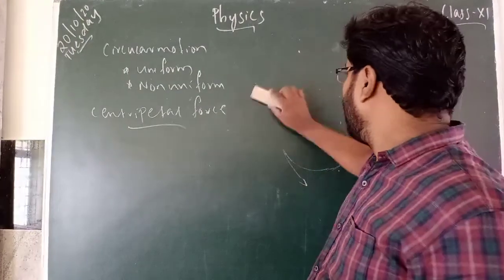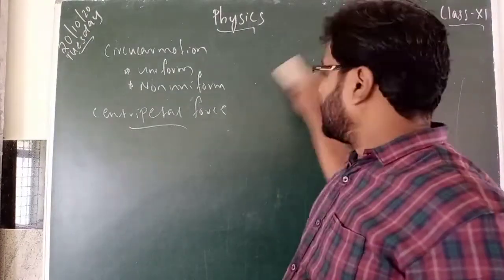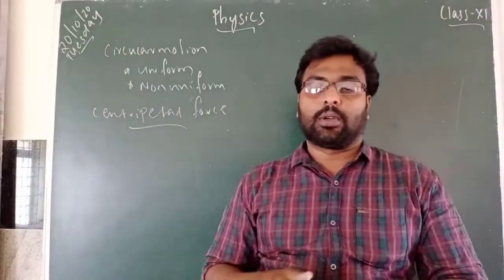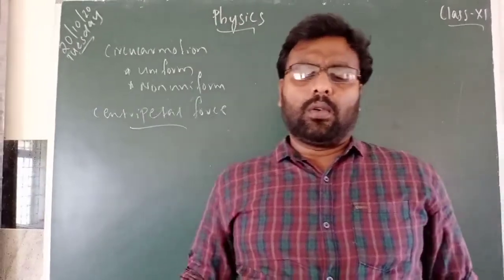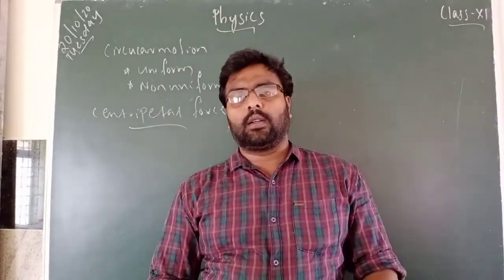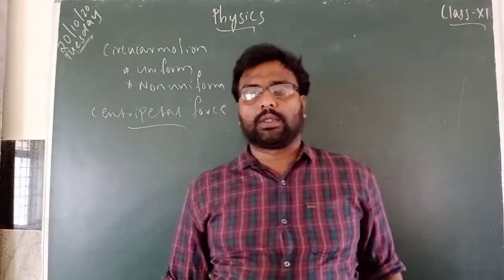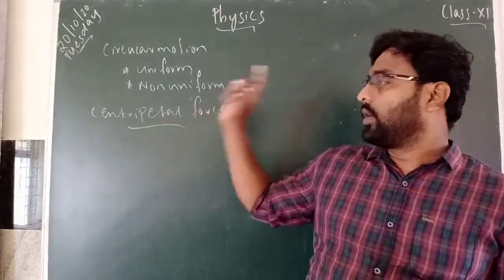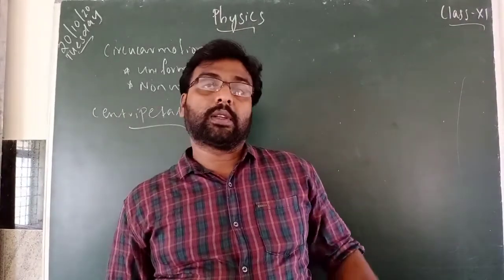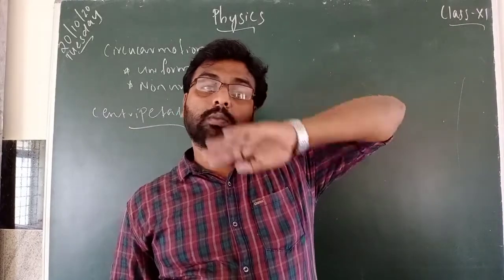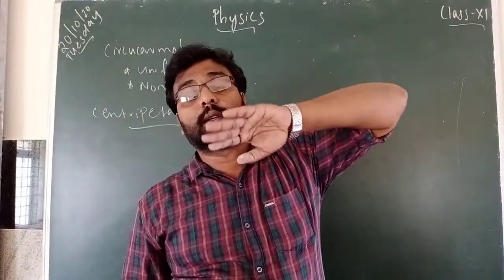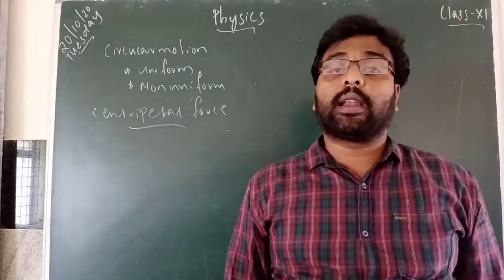Now some explanation about this circular motion. We have already studied uniform circular motion. In any object which is moving in circular motion, there must be some centripetal acceleration.